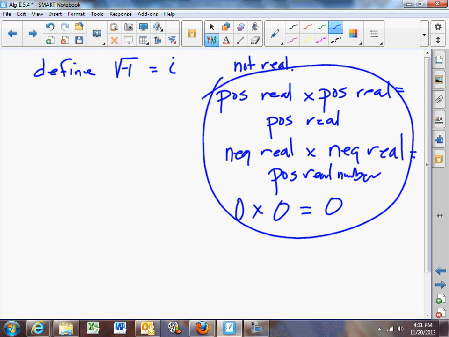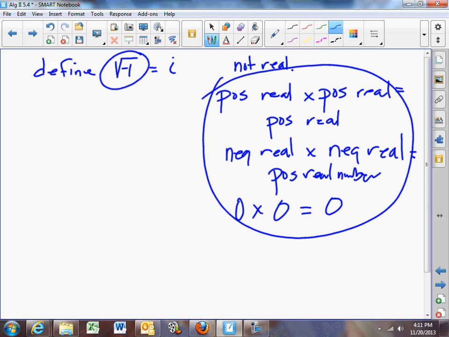0 or positive. Now, by the very definition, if i is the square root of -1, and I've always felt that that was grammatically incorrect. Should we be saying I am the square root of -1? No, not really.